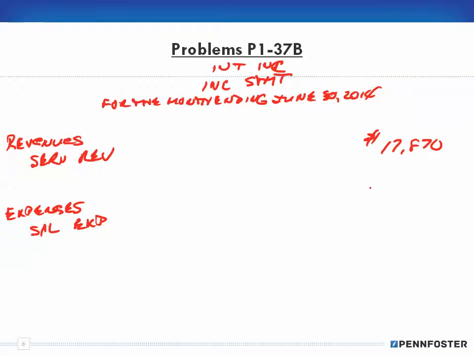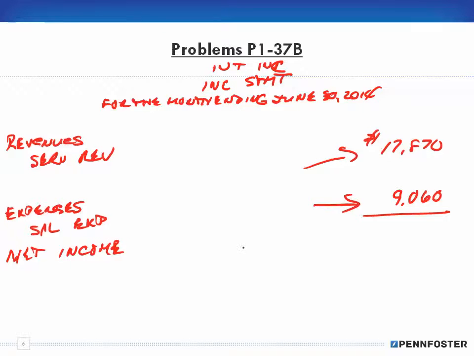A dollar sign goes on the first number in that column, and commas are important. And there's our salary expense, and we're going to draw an underline under it because we're going to have a mathematical calculation to determine our net income in this case. Why? Because our revenues are greater than our expenses, so I know I'm going to have a net income.